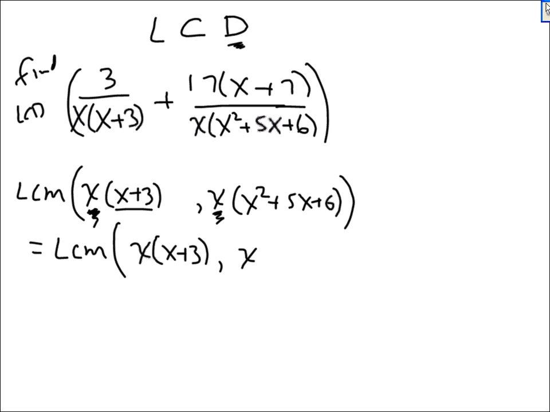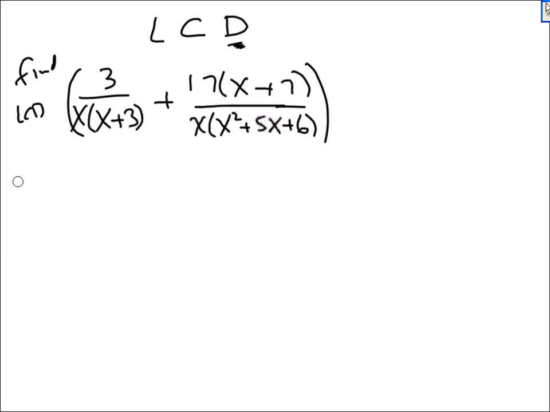No. Can you factor x squared plus 5x plus 6? Yes, you can. x plus 2, x plus 3. Basically, you want the LCM of that. These last two lines, you don't really need to write.